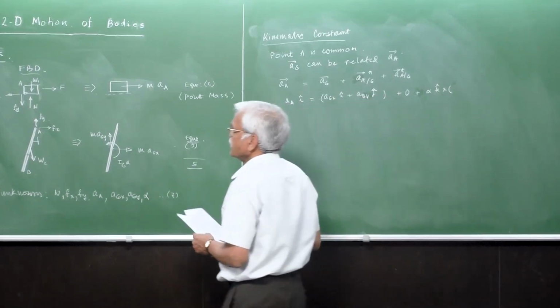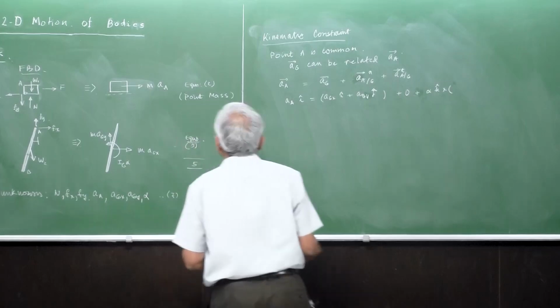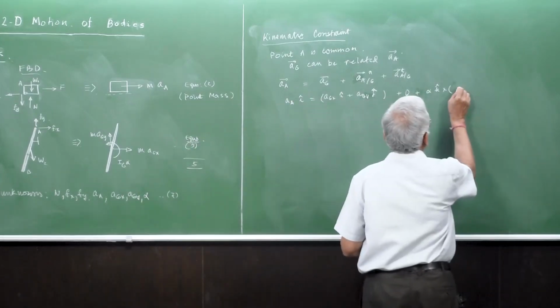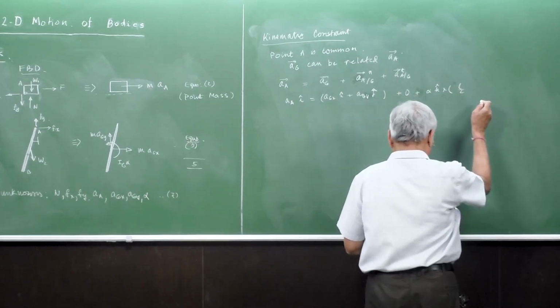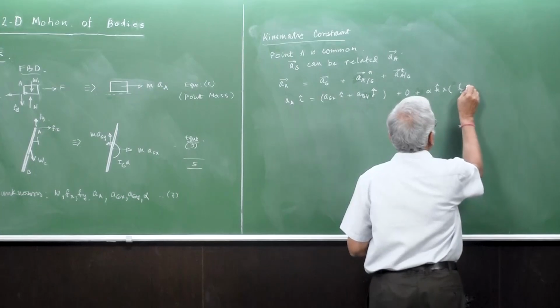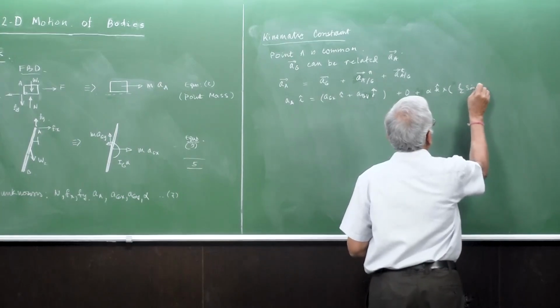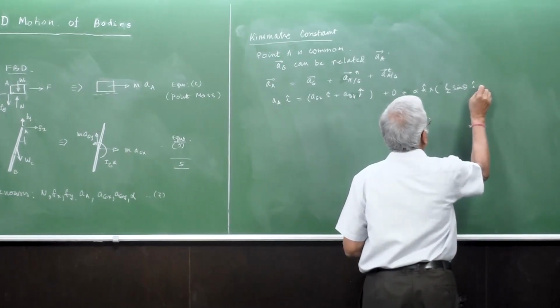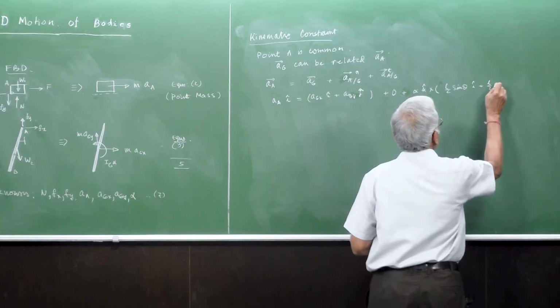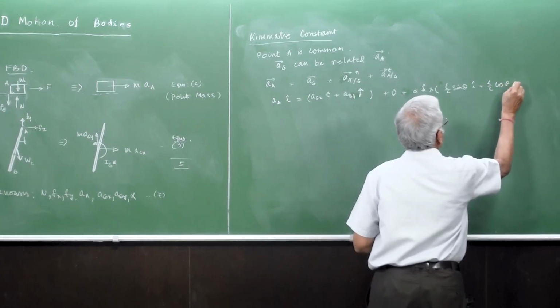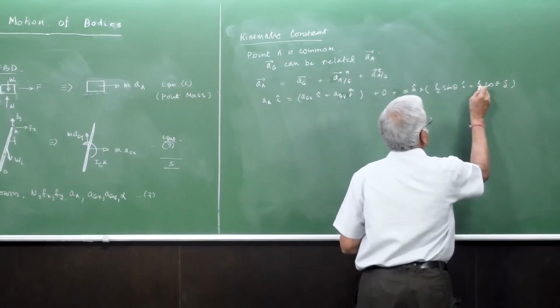So a with g is L by 2 sin theta i and L by 2 cos theta j.